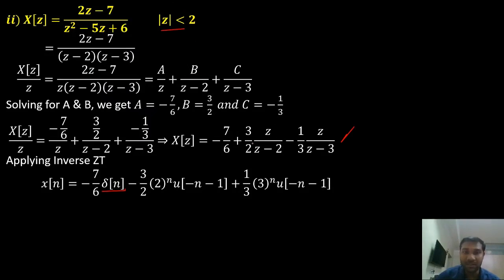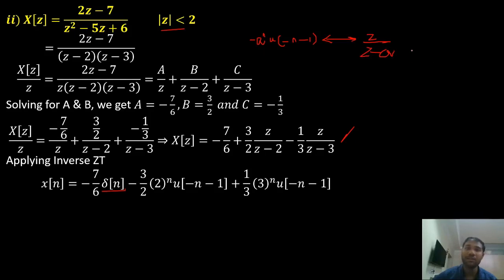Since my signal is anti-causal, what Z transform pair do I have to consider? The pair is minus a power n into u of minus n minus 1, with a Z transform of z by z minus a.